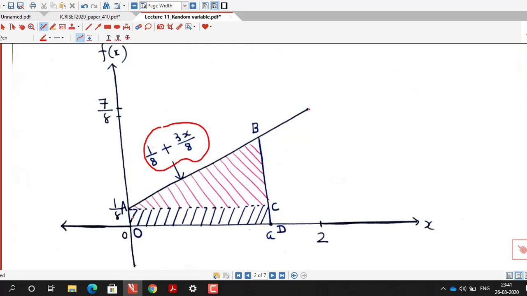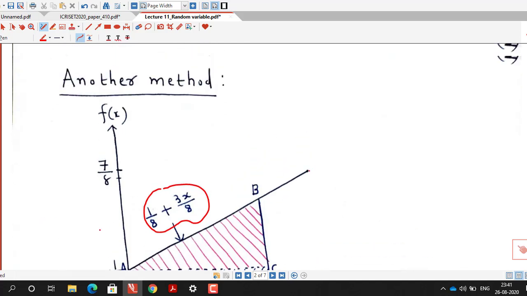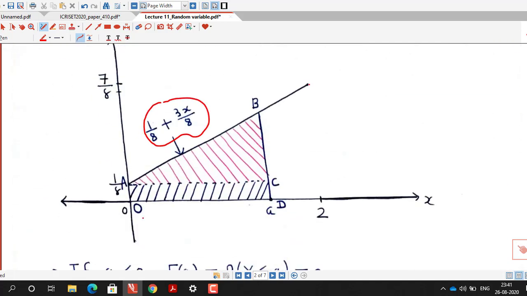If x is less than 0 it is 0, and if x is greater than 2 it is 0. So the graph is on the x-axis if x is greater than 2 or negative, that is less than 0. So we can use this formula of area.